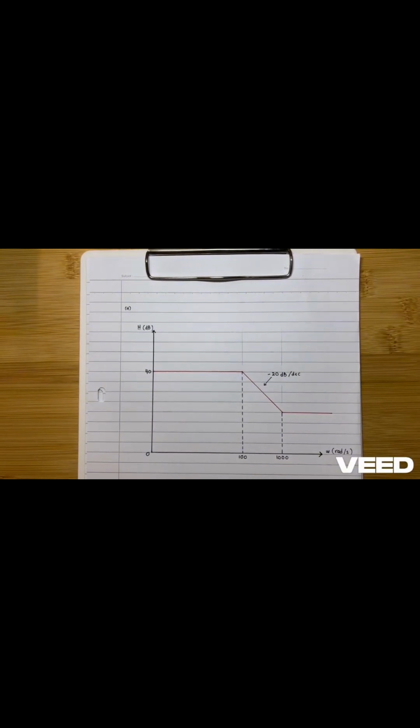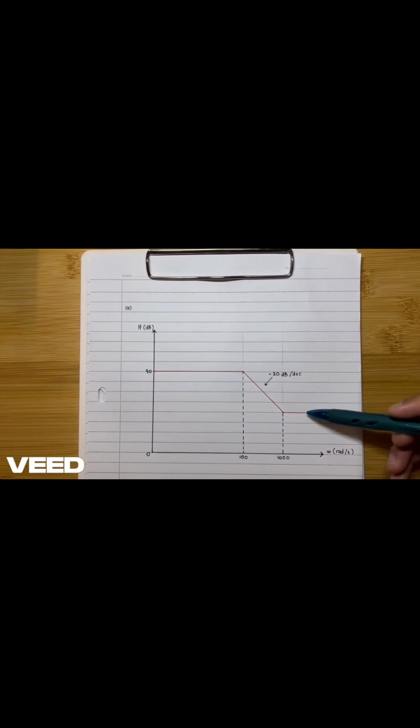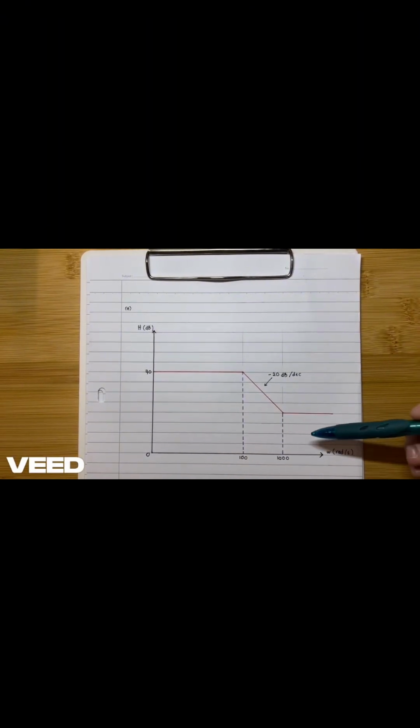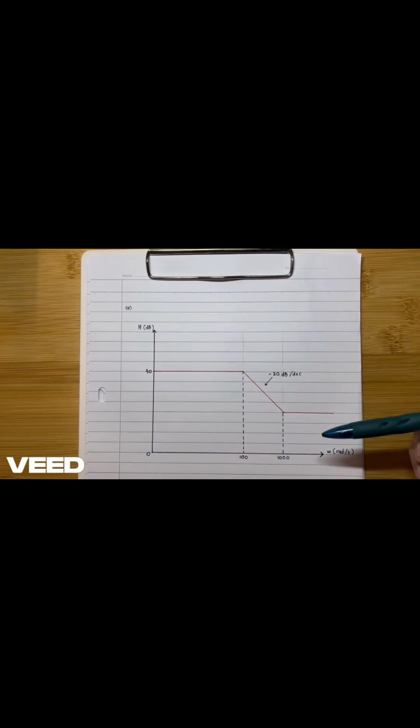So at the second corner frequency, at omega equal to 1000 radian per second, the slope changes from negative 20 dB per decade back to 0 dB per decade. This change indicates the presence of a zero at omega equal to 1000 radian per second.